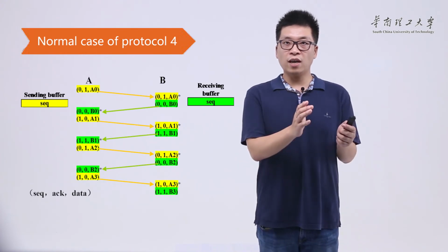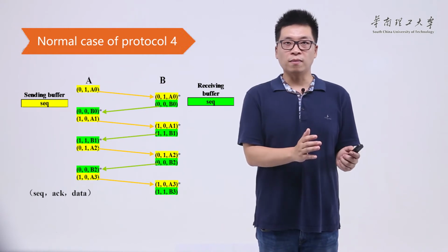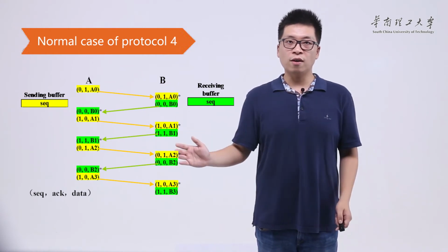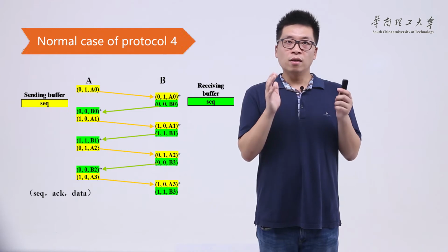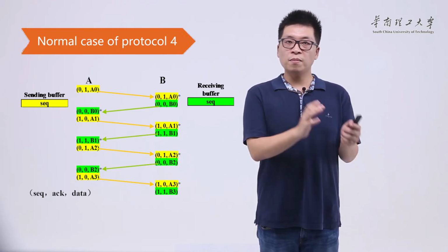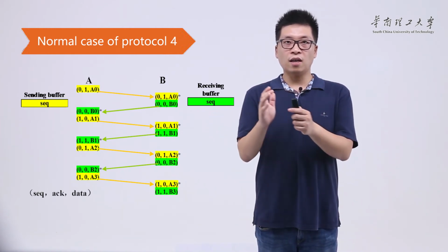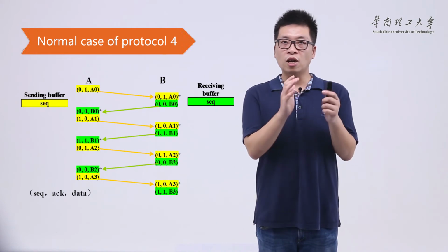So now we have an example of the communication in Protocol 4. It starts with A trying to send a frame to B, and then B will send back a frame. If we check the diagram, we will find each frame has 3 components: the sequence number, acknowledgement number, and the data. A sends A0 first with sequence number 0.